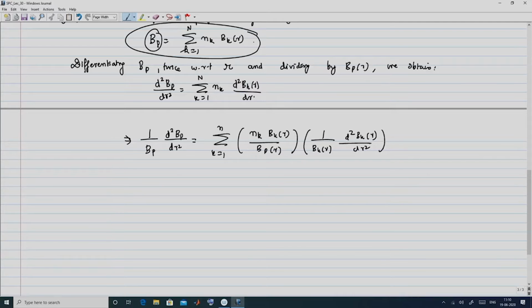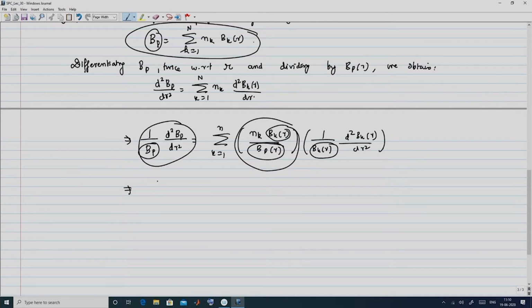Basically we are just dividing both sides by B_p and then multiplying and dividing by B_k(r), so that I can recover the weights. So, the term on the left-hand side by definition is the convexity of the portfolio, this term here is the convexity of the kth asset, and as before, this term is the weight. So, this is going to be the summation of W_k C_k, k equal to 1 to capital N.